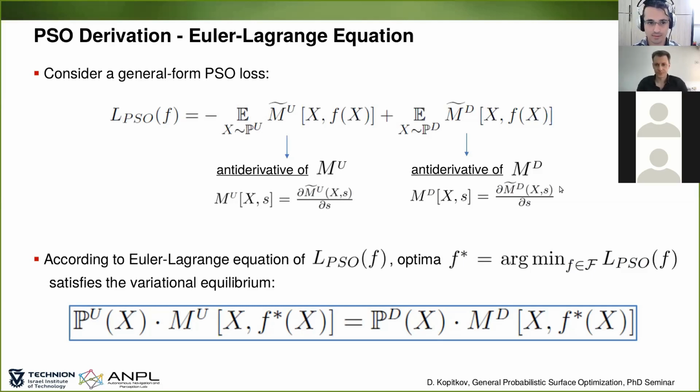When you differentiate some function, it's easy to know the derivative, but the other way around is more difficult. So this entire framework allows you to suggest mu and md such that you don't even need to know the closed form of mu tilde and md tilde. Okay, thanks.